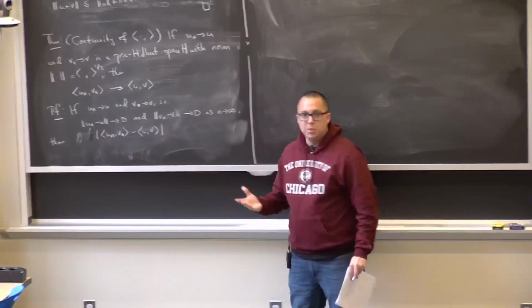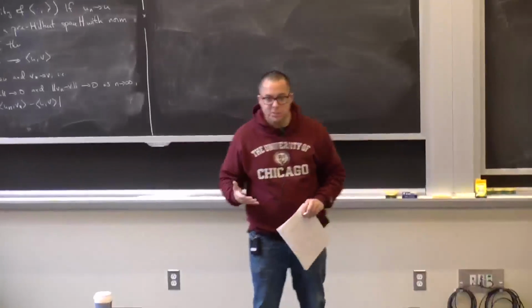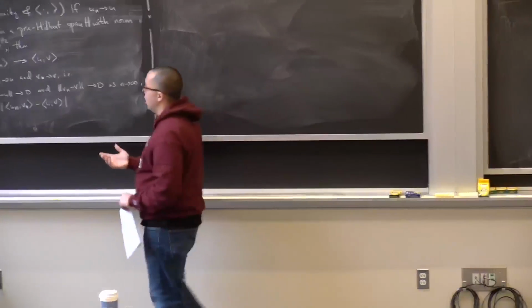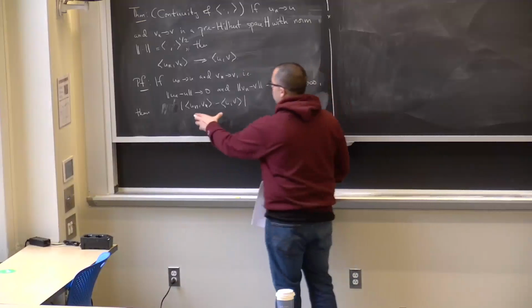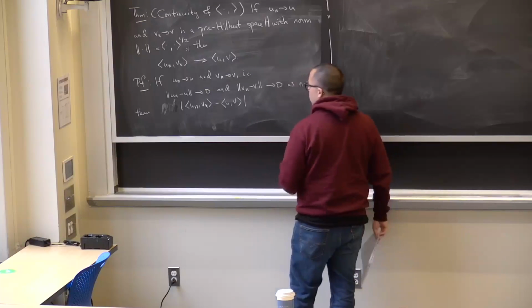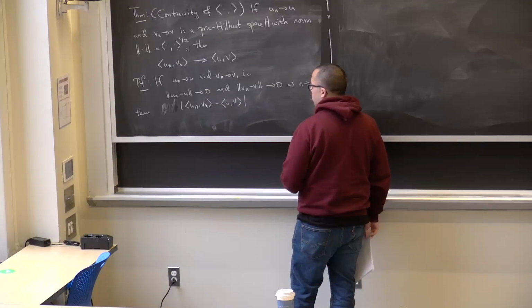Typically in 18.100, when I first start teaching the squeeze theorem, I always include the lower bound, but it should be clear that this is always bigger than or equal to 0, since it's the absolute value of a complex number.